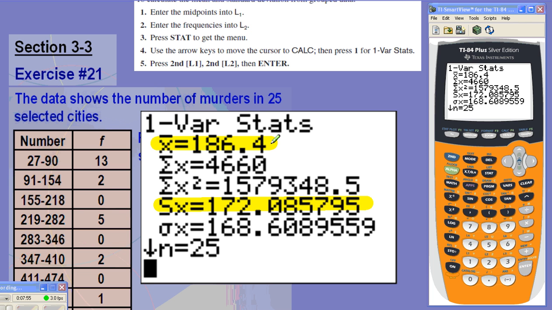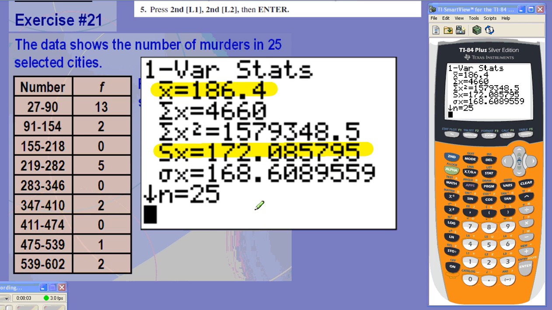I told you a minute ago that one way we could find our variance is to just take the standard deviation. We could take the S of x, which is equal to 172 point, I'm just going to call it 0.9, because the 5 rounds the 8 up to a 9. And so our variance is the standard deviation squared.